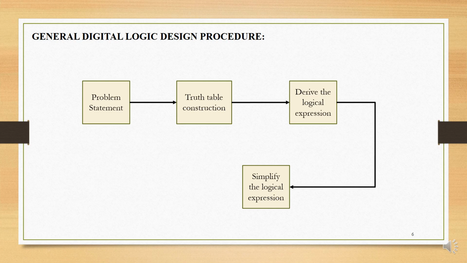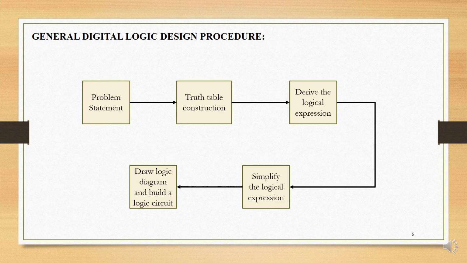Simplification of logical expressions is very important in order to reduce the cost of implementation, and we have different techniques for simplifying them: we use K-maps for simplification, and we use algorithmic methods such as the Quine-McCluskey algorithm for simplification of Boolean expressions.